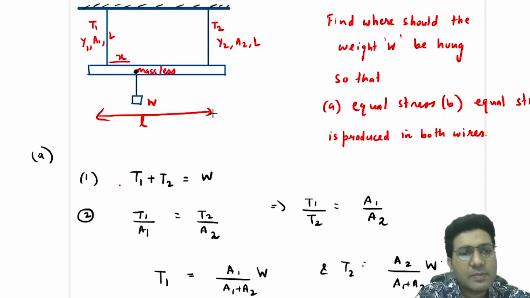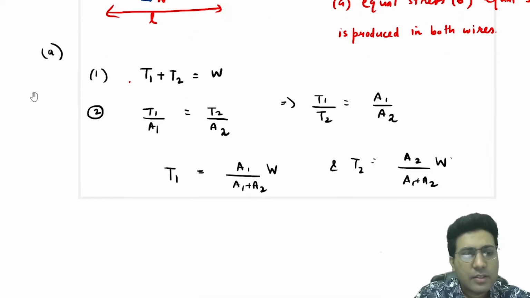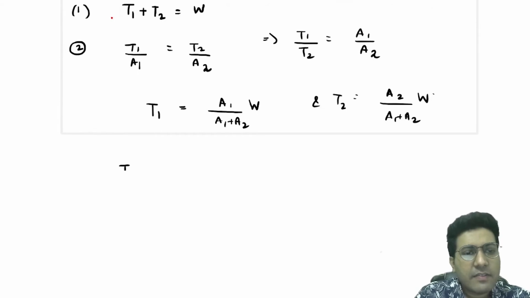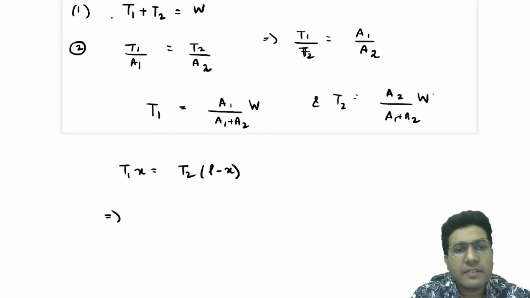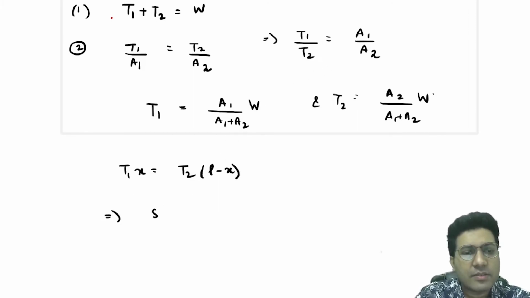Suppose the distance between the two wires is L. In that case, you will say T1 into X will be equal to T2 into (L minus X). Now you have the value of T1 and T2. From this you can solve for X.